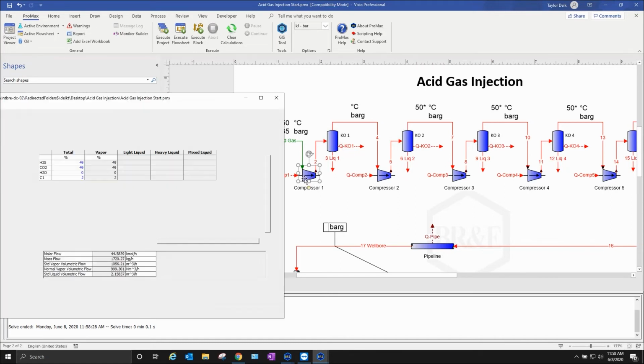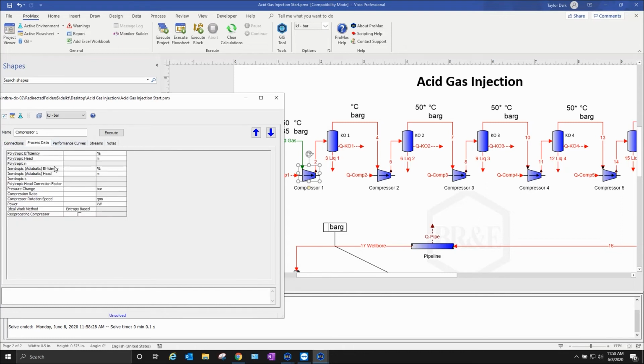So what are we missing? Well, first we're going to need some type of efficiency. The efficiency of this compression process is going to help us figure out the outlet temperature. And of course, we need to know some kind of pressure specification on the outlet, right? What are we trying to achieve? Most compression systems have a compression ratio of around 2.